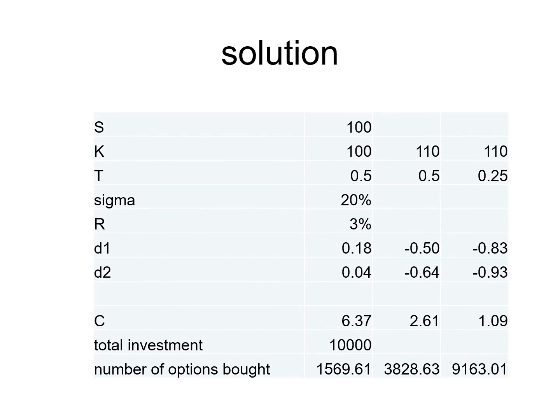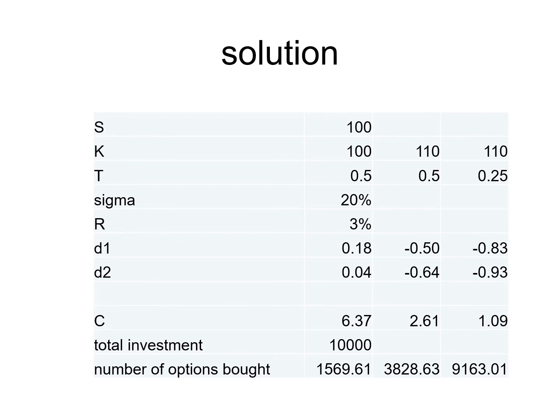The stock price is 100. Strike price is 100 or 110. Time to maturity can be half a year or a quarter year.